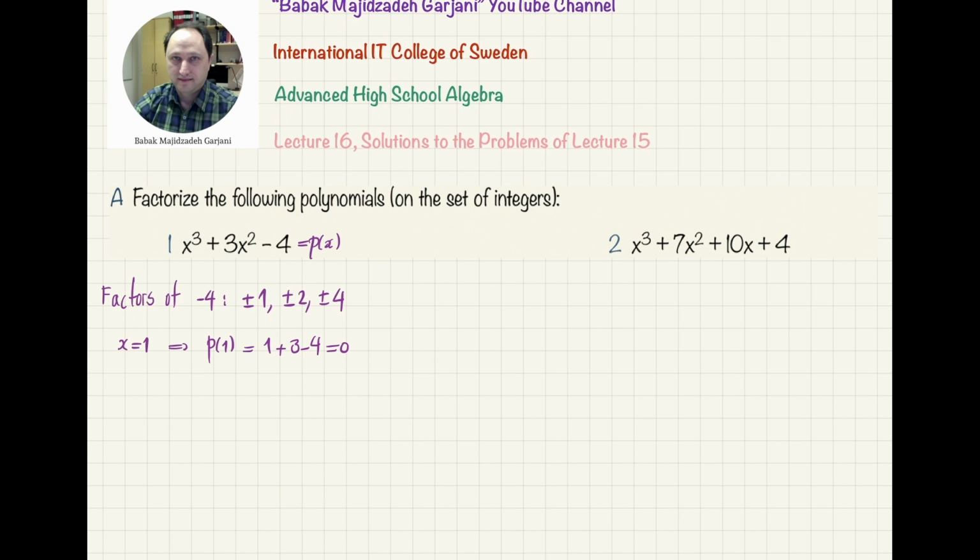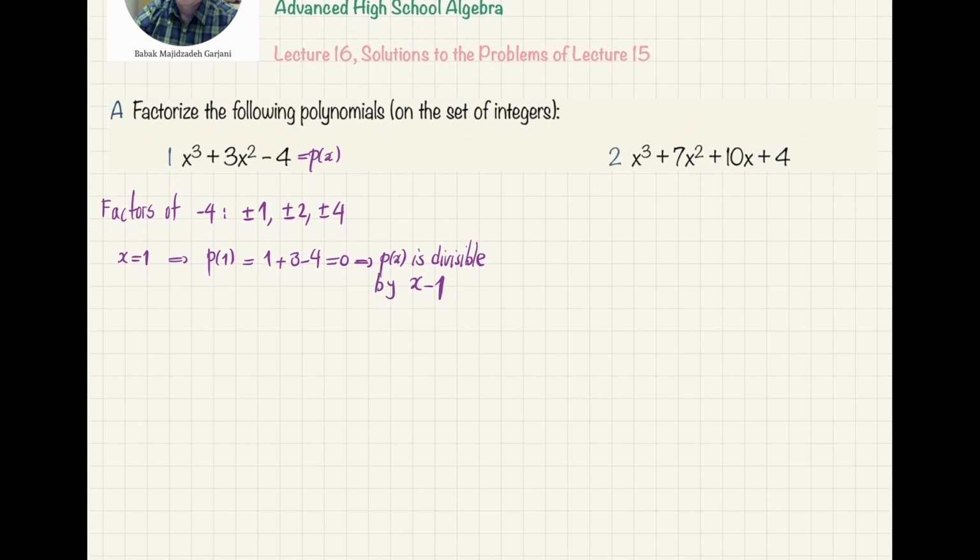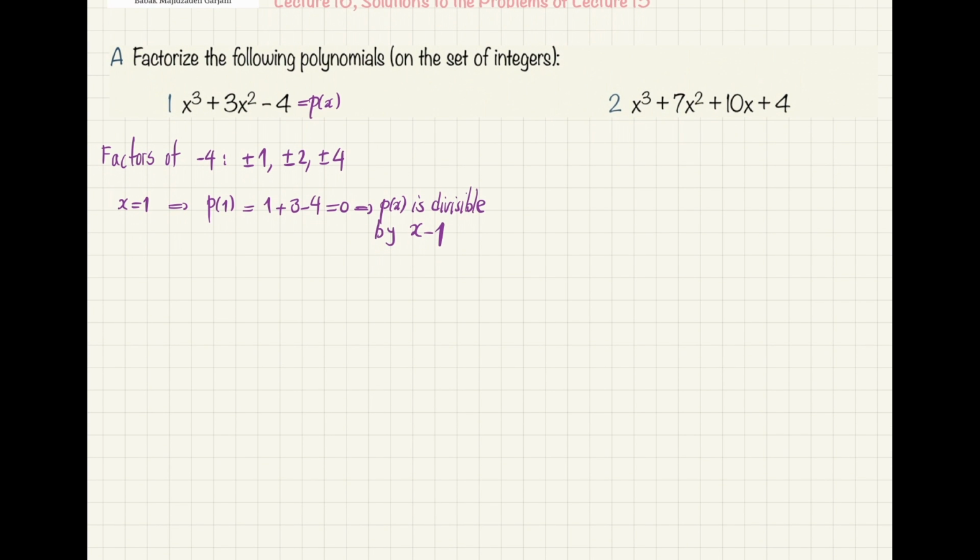So this will imply that p of x is divisible by x minus 1. Yes? So then I do the long division. I would write x cubed plus 3x squared minus 4, and then I divide this by x minus 1, and I do the long division.